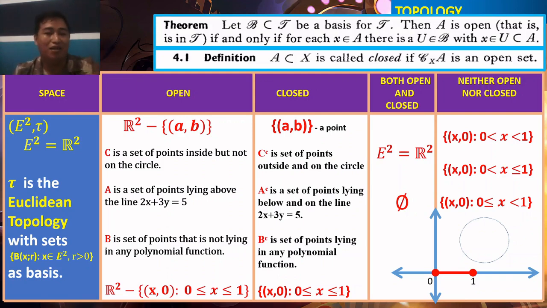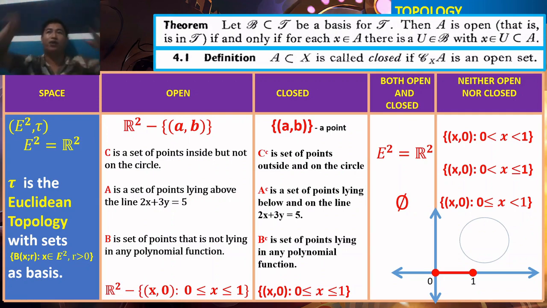Okay. Back to our second example sa set C. Sir, pwede ba nato ma-replace ang inside o outside ani? And then sa closed set, i-replace pa nato ang outside diha og inside. Okay. It's okay, class. Pwede gyapon na nga example sa open set. So, set C is a set of points outside but not on the circle.